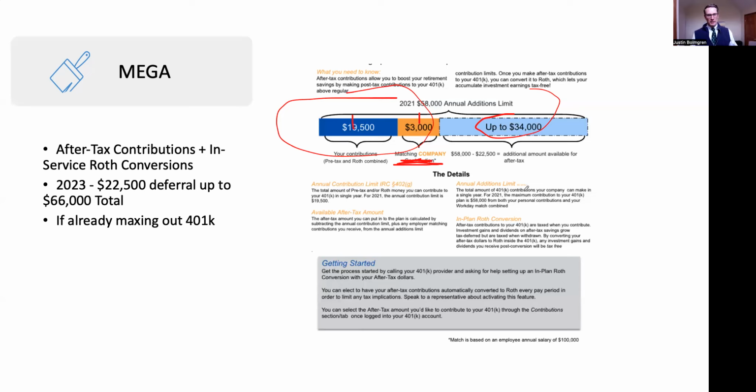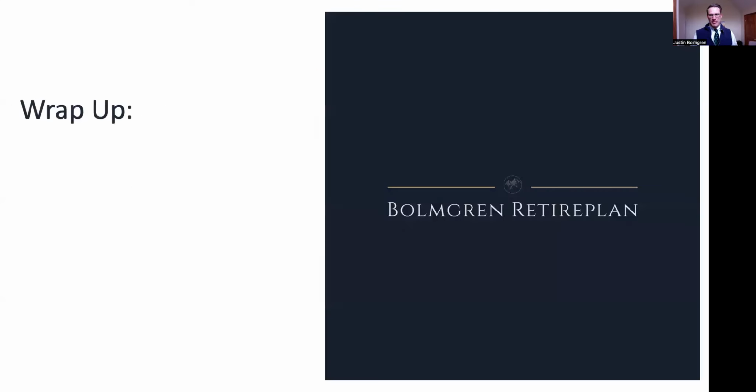So that's our mega backdoor conversion. Hopefully you found this beneficial today. We talked about the four corners of Roth conversions. You remember we talked first about the bracket max. The only way to really determine that would be an in-depth analysis of current income, your income sources, and some projections.